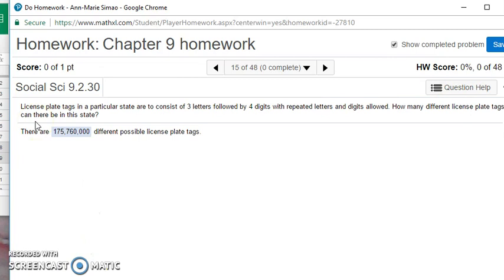So license plate tags in a particular state are to consist of 3 letters followed by 4 digits, with repeated letters and digits allowed. So your repetition is important here. How many different license plate tags can there be? Well, we have to know that there's 26 letters and there's also 10 possible digits because you have 0, 1, 2, 3, 4, 5, 6, 7, 8, 9.